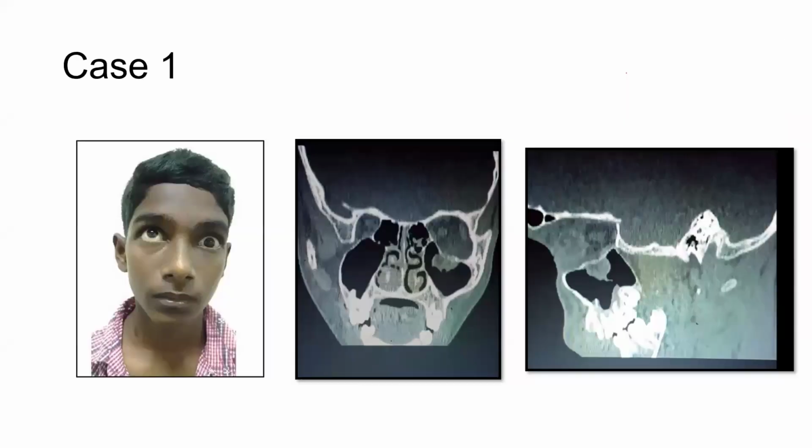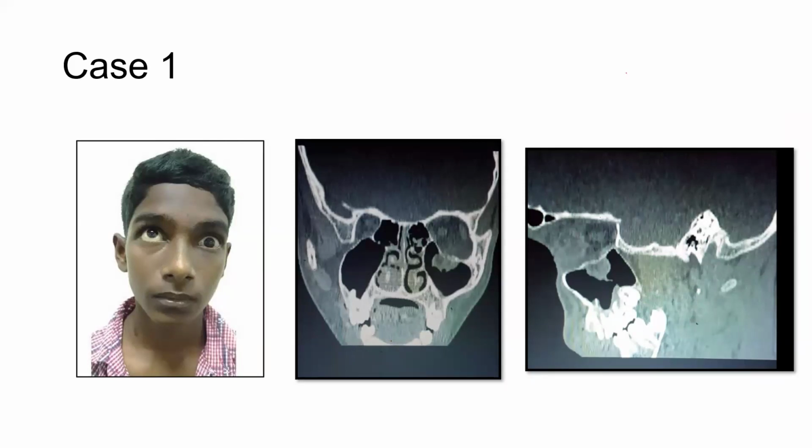So coming to cases, I'll be showing a few simple and straightforward cases where everybody can understand. So this boy presented after 10 days of trauma. He went to a lot of places, but his problem was restricted eye movement and diplopia, but he came only after 10 days.